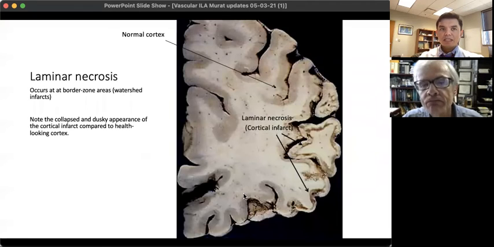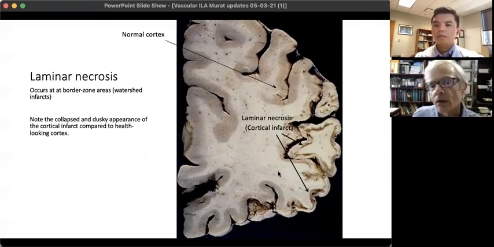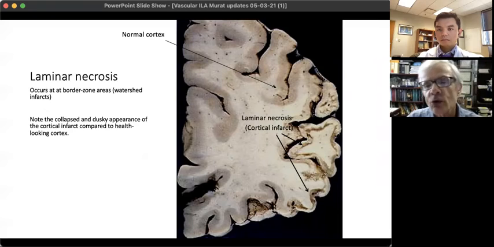So here we have an example of laminar necrosis. So what exactly does that mean, and what should we be looking for if we see that term and see this picture? So laminar necrosis refers specifically to the necrosis of the infarct. In fact, certain layers of the cerebral cortex die, and we can microscopically identify it as a very peculiar appearance.